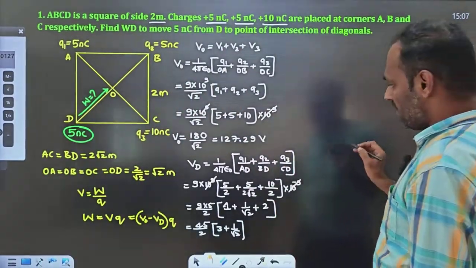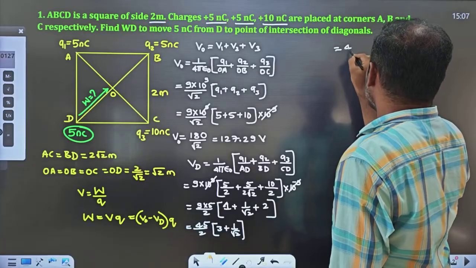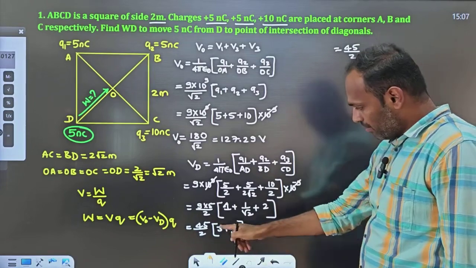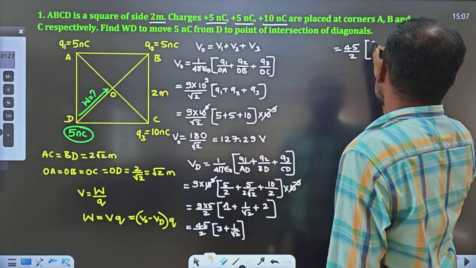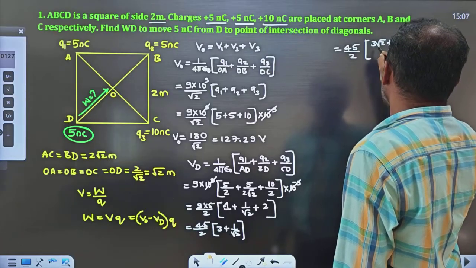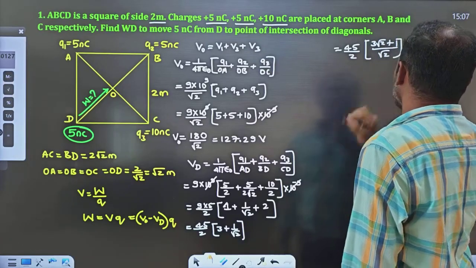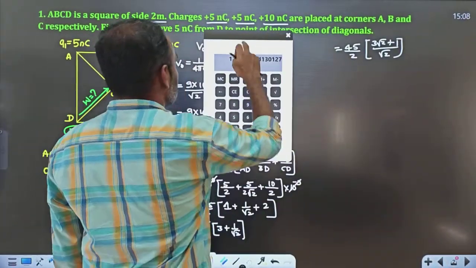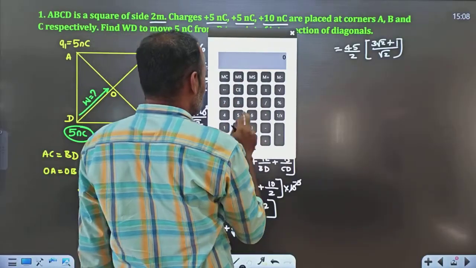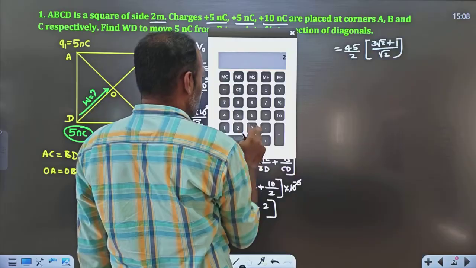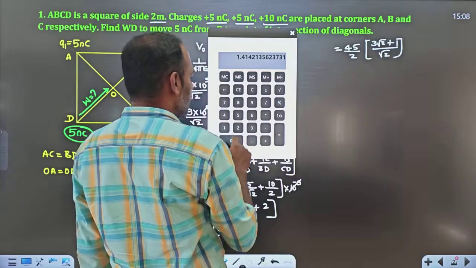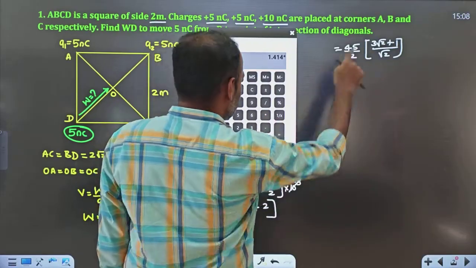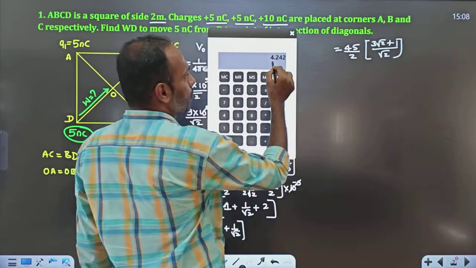Now let us simplify this. So this is 45 divided by 2. If I take the LCM, root 2 I will multiply for 3. So this will be 3 root 2 plus 1, divided by root 2. Correct? Now we have to simplify this. Root 2 is 1.414, we know that. 1.414 into 3 is 4.242.